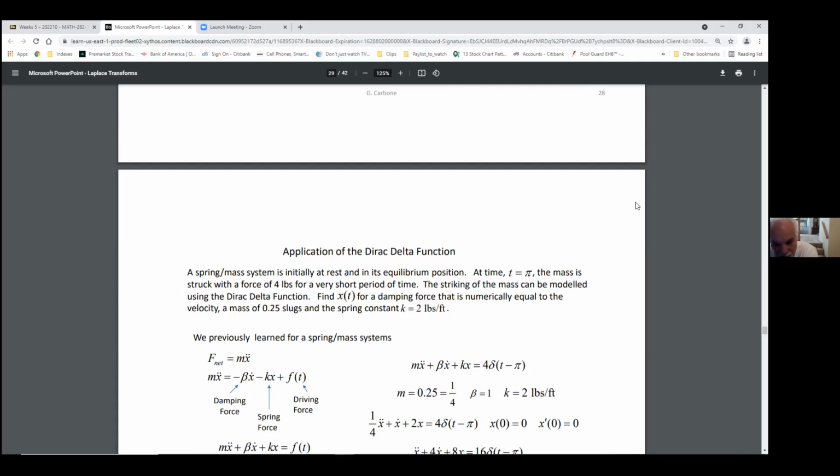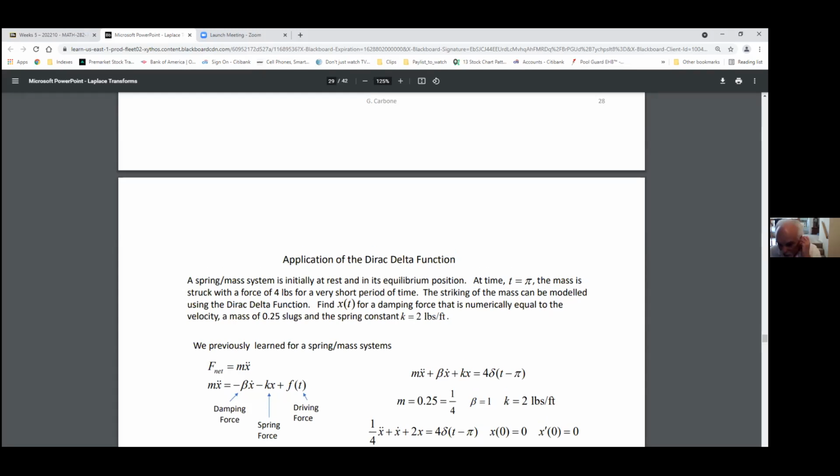I'm making sure I get everything. At time t equals 0, it's at rest and not moving. But then at time t equals pi is when we hit it with a force of 4 pounds. All right, let me solve this problem now that we understand it. It shouldn't take long.